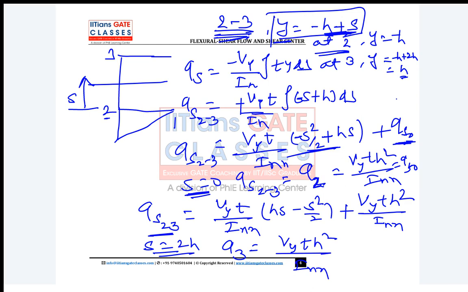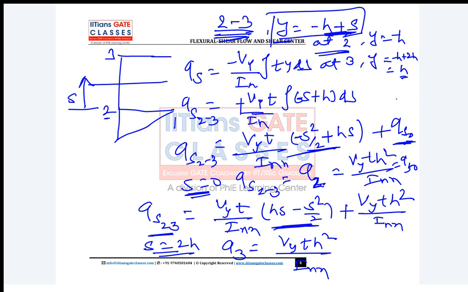So, if you see this equation, tell me it is linear or parabolic? It's a parabolic equation.